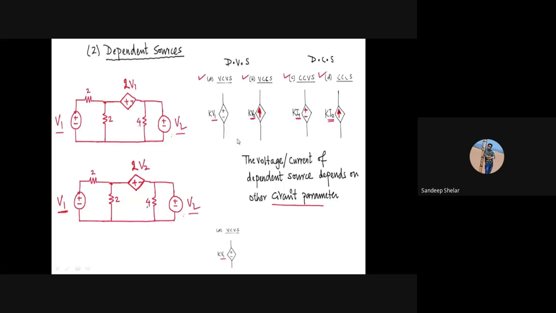This is the type of dependent voltage sources. Now the second type is dependent current sources, classified into voltage controlled current source and current controlled current source. The current I1 is controlled by a voltage source, the DC voltage source shown, and in the last diagram, the current I2 is controlled by a current source. This is the overview of the dependent sources.